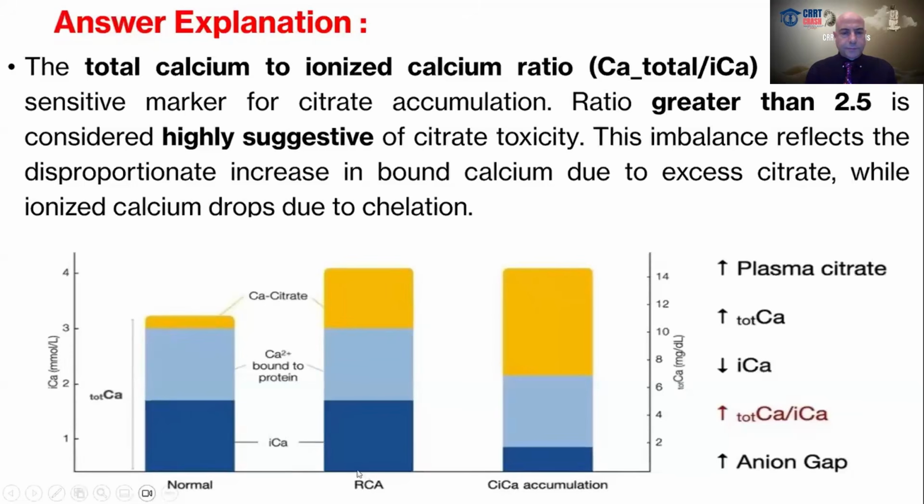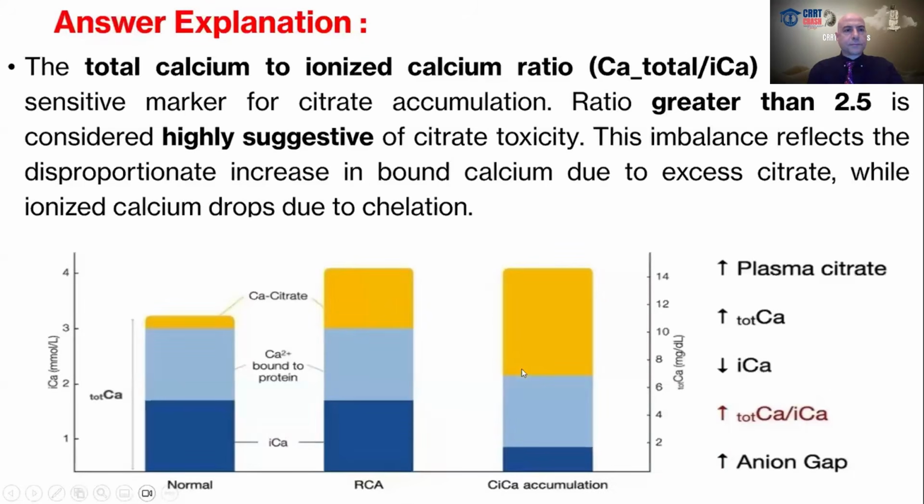When the patient is connected to the CRRT circuit with RCA, regional citrate anticoagulation, the ionized calcium is still the same, the calcium bound to protein is still the same, and the calcium citrate increases.